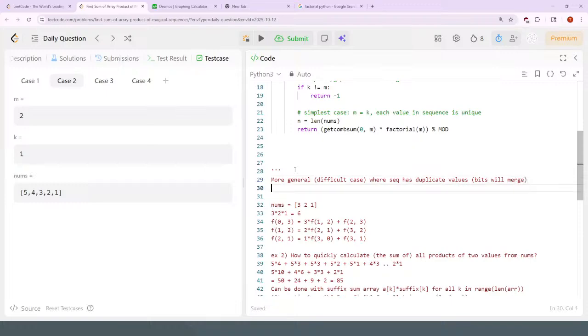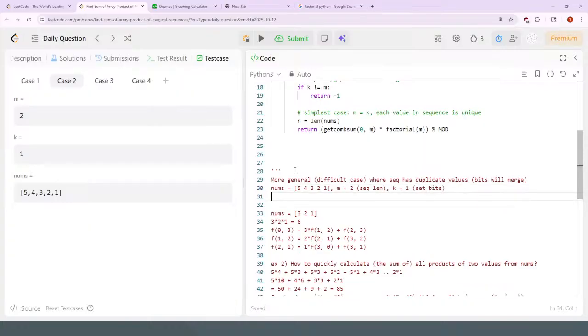So for the nums array 5, 4, 3, 2, 1, and say n is 2, so it's the sequence length, and k is 1, this is the number of set bits. So the sequences here will be like 0, 0, 1, 1, 2, 2, 3, 3, 4, 4.